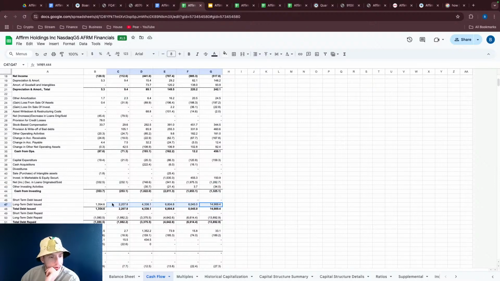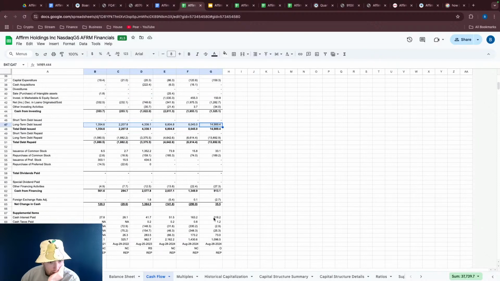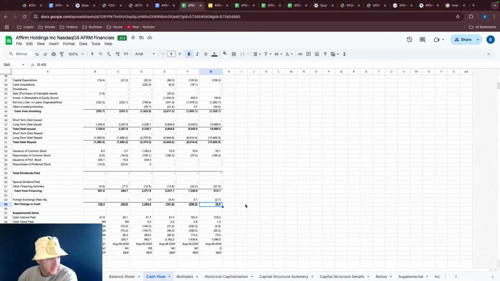We knew about their long-term debt, but they issued 14 billion, but they've repaid 13 billion of that. So in all, they have a change of about 35 million in cash. A lot of that is coming from debt, which we knew is how they operate.